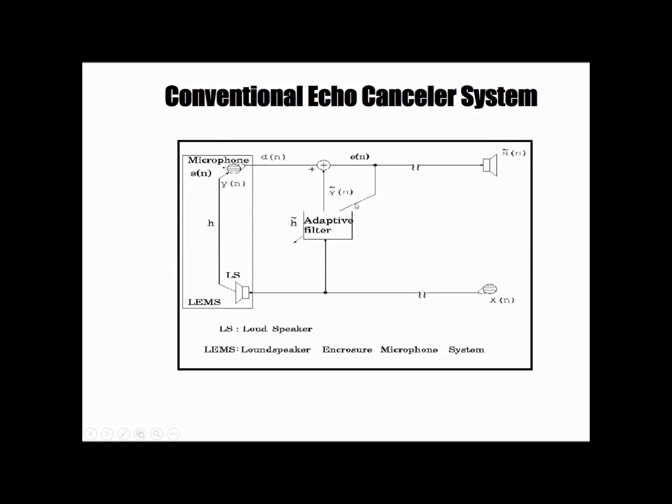The parallel path here is H nabla, which is the adaptive filter. We would like to adjust this H nabla. This H nabla will be calculated by least mean square.